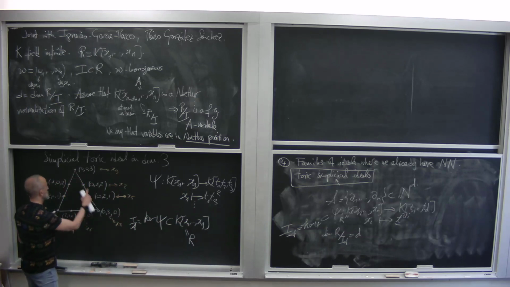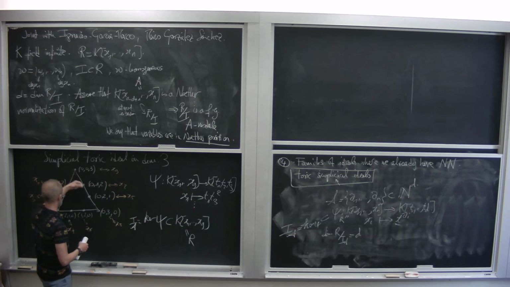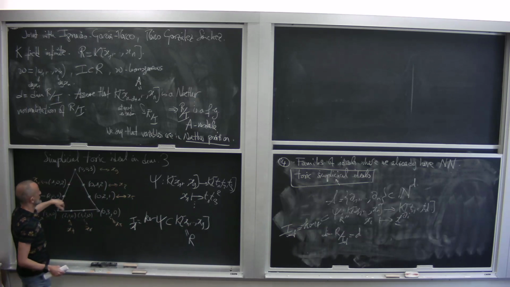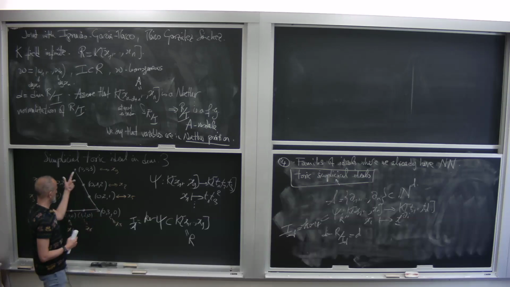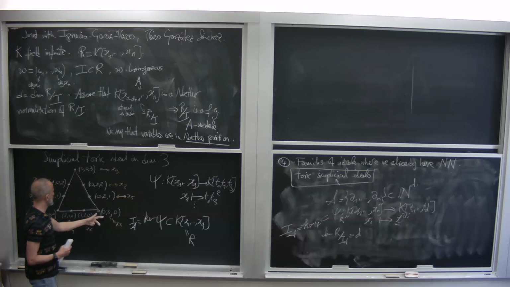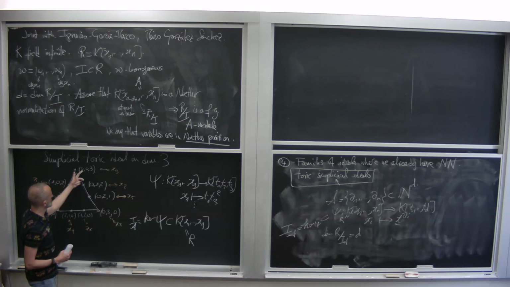I have those 3 that are on the coordinate lines, okay? And I have other ones. So these are 9 elements in N^3. You see that for all of them, the sum of the entries is 3.